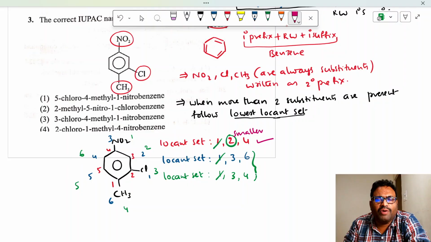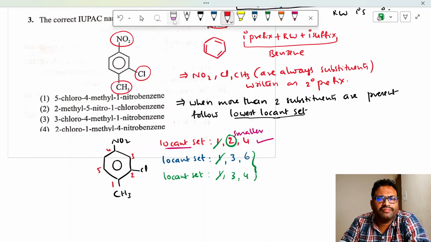So now, what numbering is to be followed? This numbering, the first method, is to be followed. Then remove all those. That is what a locant set is. 5, 6, right? Now, this method is to be followed.